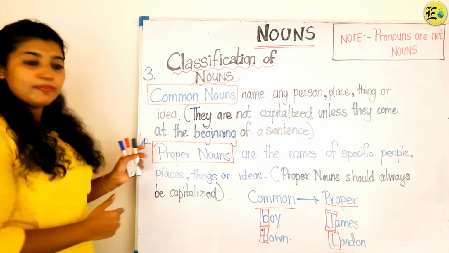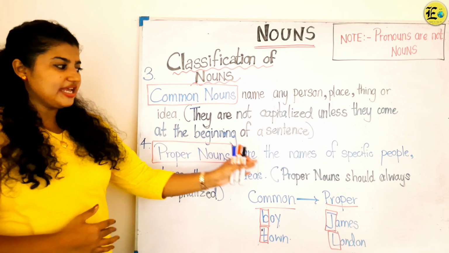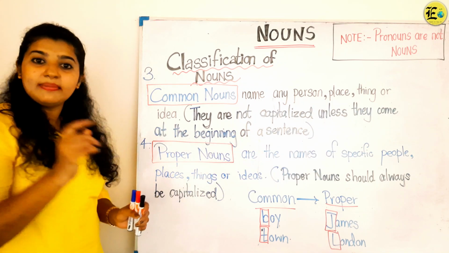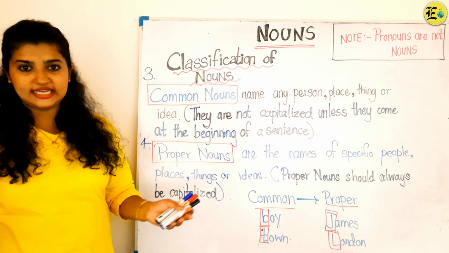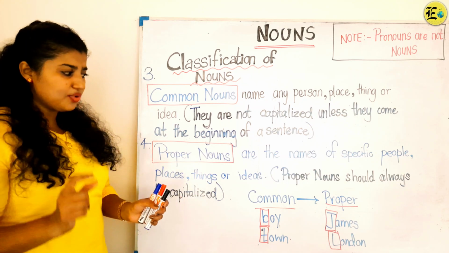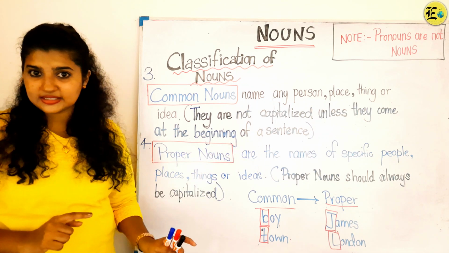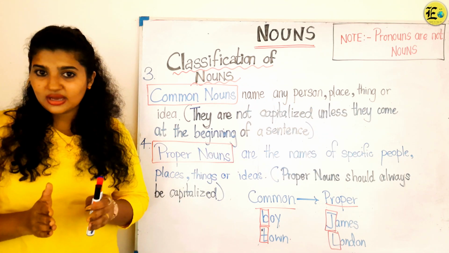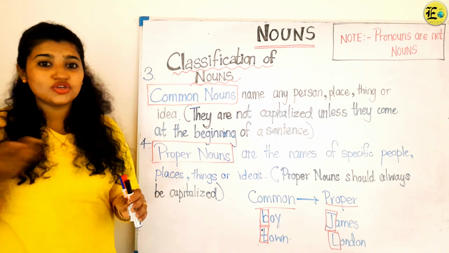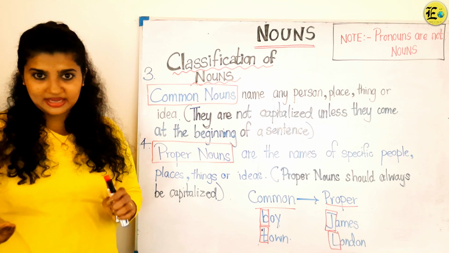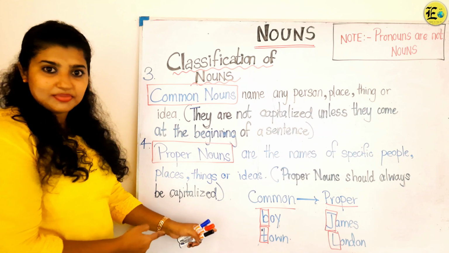Number 4, proper nouns are the names of specific people, places, things, or ideas. The next important rule here is proper nouns should always be capitalized. So proper nouns are being capitalized, whereas common nouns are not being capitalized. Just look at the examples here.